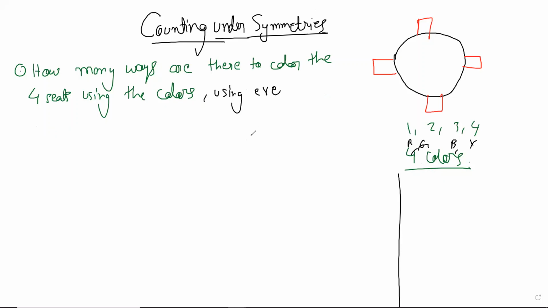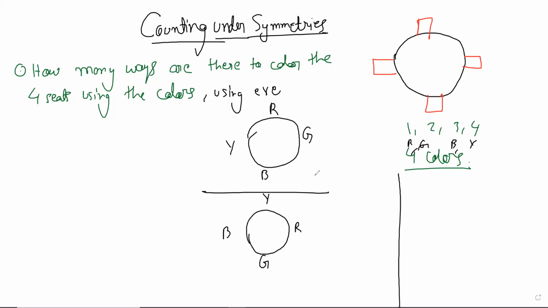Maybe you have something like this in mind, R G B yellow, and then if we rotate it. But at the moment we are considering these to be different. Now I'm just changing the question so we can see if it changes or not.